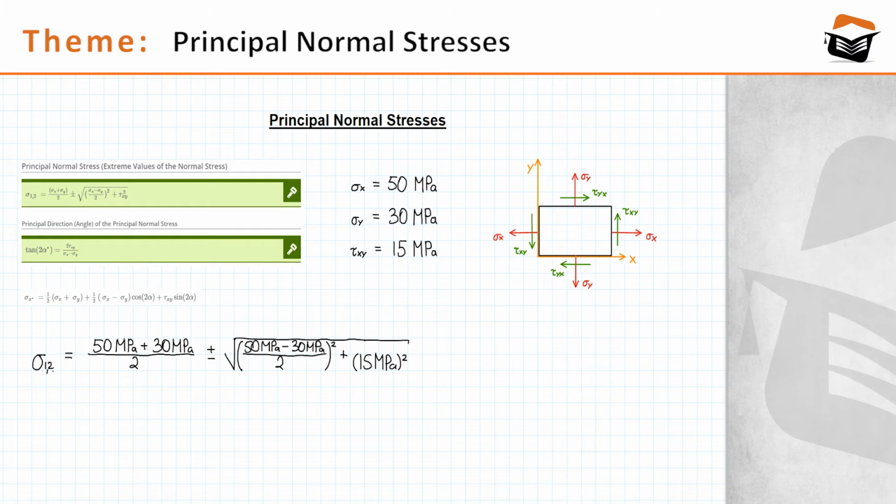So let's start with computing sigma 1. To compute sigma 1, you have to add this square root to this fraction, which is going to give us sigma 1 is equal to 58.03 megapascal.